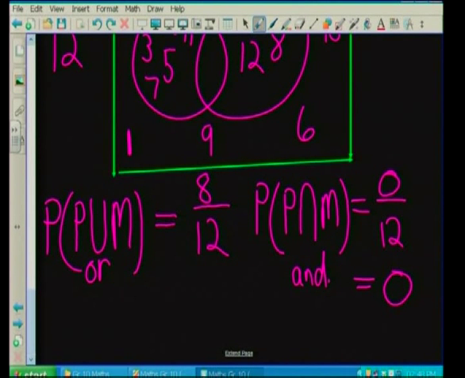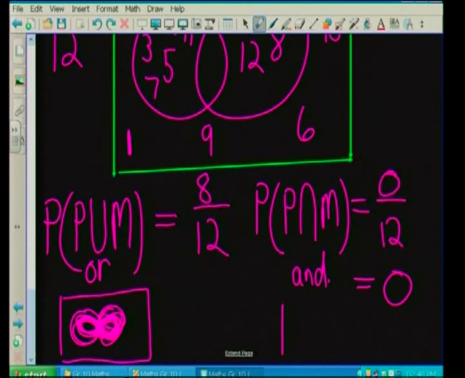Right, very, very important. The U sign, like there, the union, means I am looking at the colored in parts like that. The intersection, or and, means I am looking at the places where my two diagrams intersect.